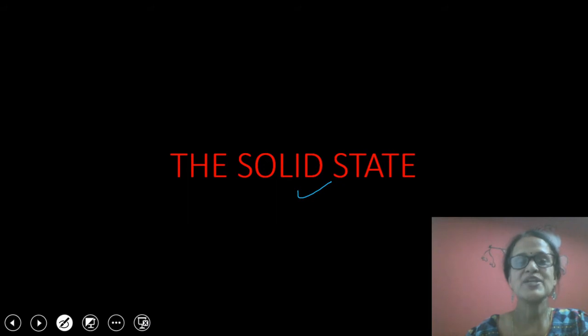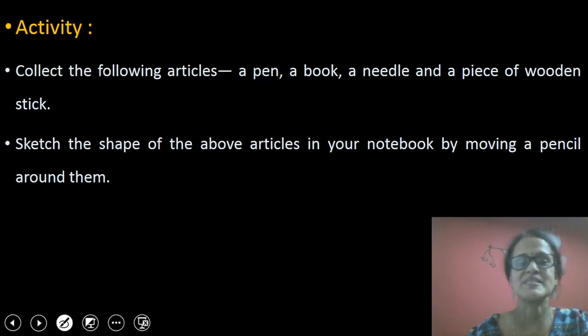Children, for understanding the properties of solid state, we will perform a simple activity. In this activity, we will collect a few solid items. I am collecting a pen, a book, a needle and a piece of wooden stick. Now keep these items on a paper and try to make an outline around them.